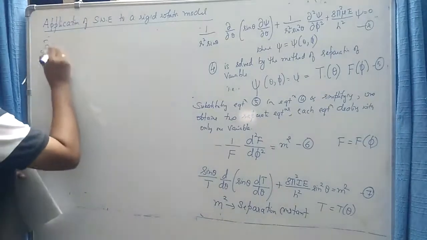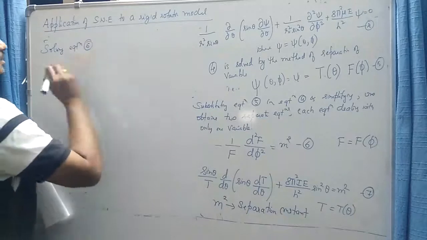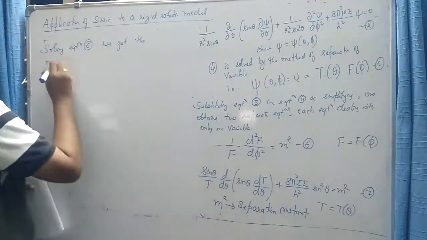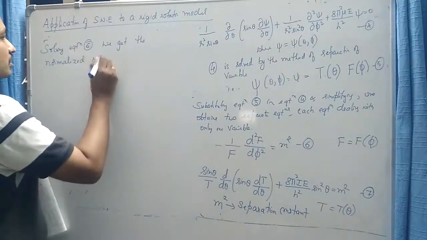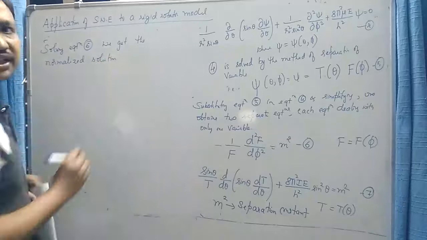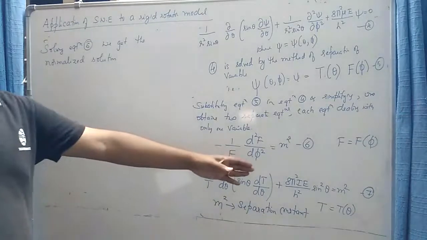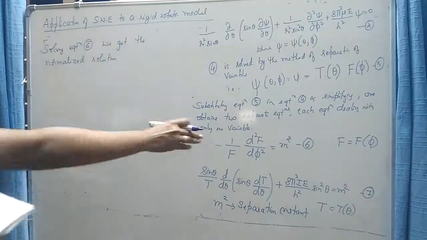Solving differential equation 6, we get the normalized solution by applying the boundary conditions and the normalization condition, as we did for the Schrodinger wave equation for a particle in a one-dimensional box.